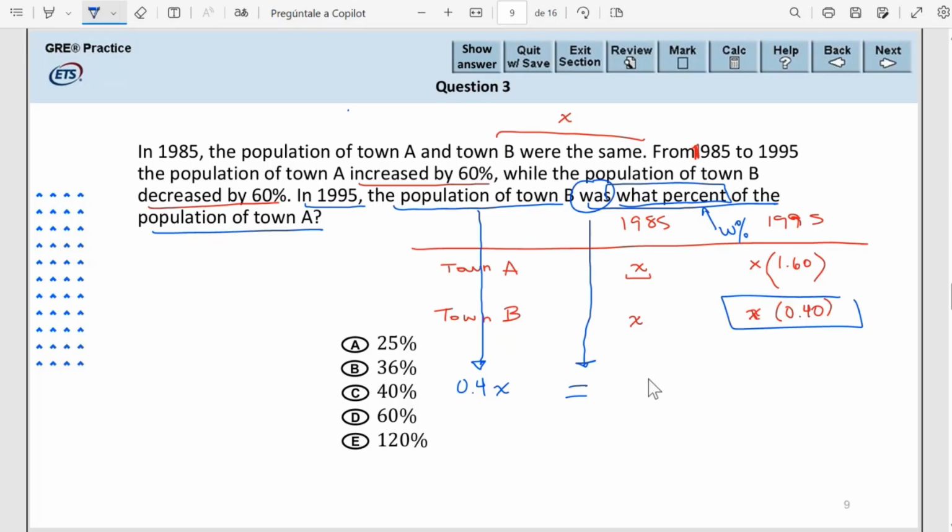So let's use the expression W over 100 to represent that percent. Of can be translated as simply the operation of multiplication.